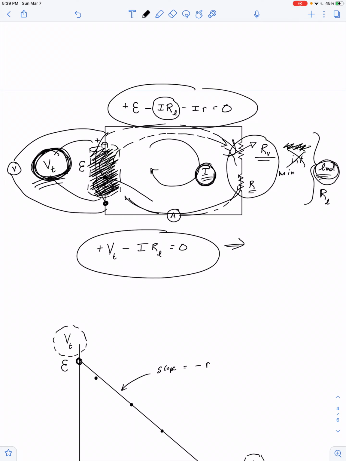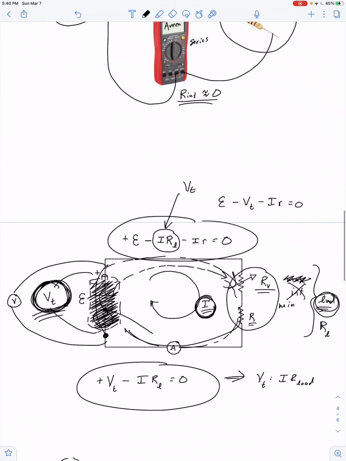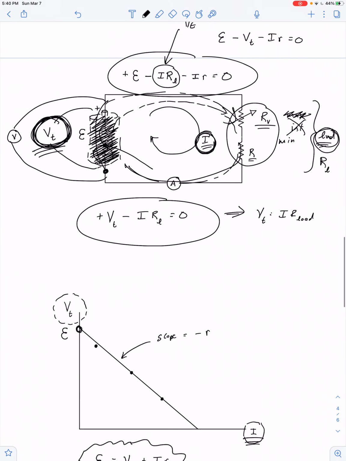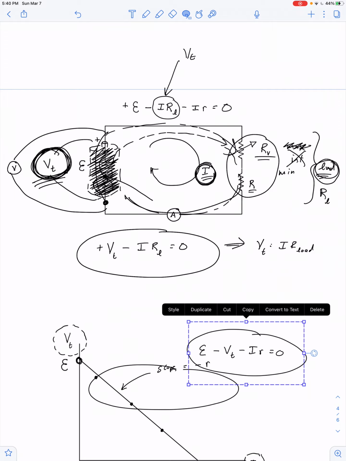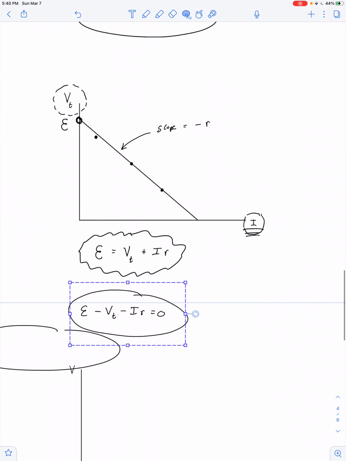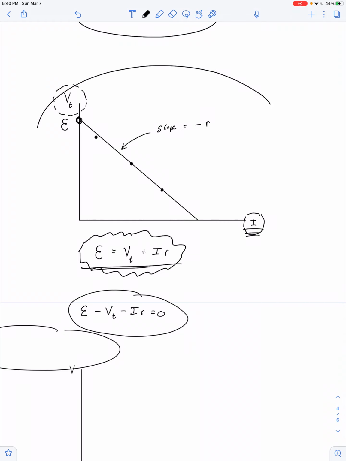So in other words, the terminal voltage is I times R load. So I can substitute that here. So EMF minus terminal voltage minus I times internal resistance equals 0. And so you see that this is consistent with the equation we just stated earlier that describes this graph.